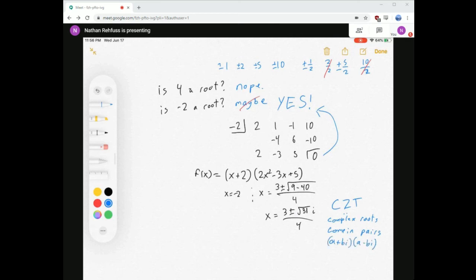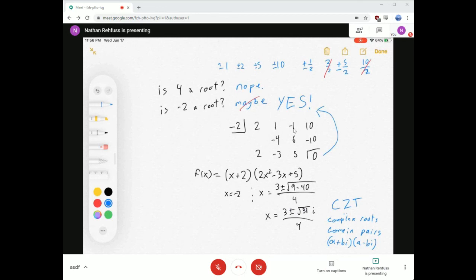So for example, if I told you that 5 minus i was a root, you'd say, well then obviously 5 plus i is a root. They have to come in pairs. The only way to get around complex roots coming in pairs is to make some of your coefficients complex numbers. But we never do that in this class, so don't worry about it.